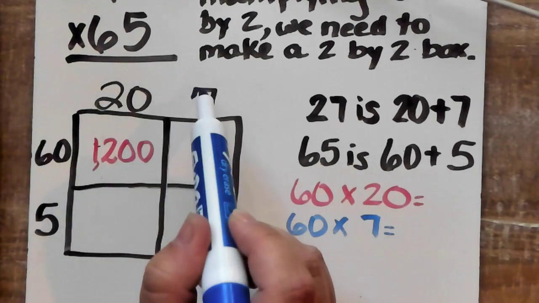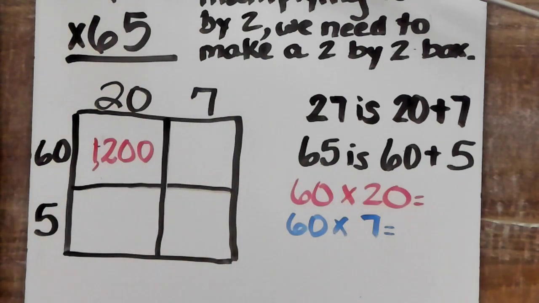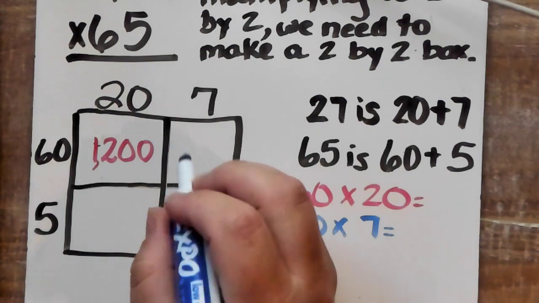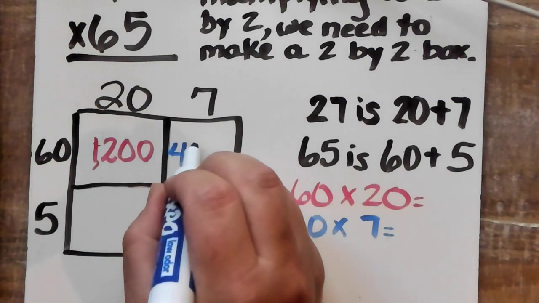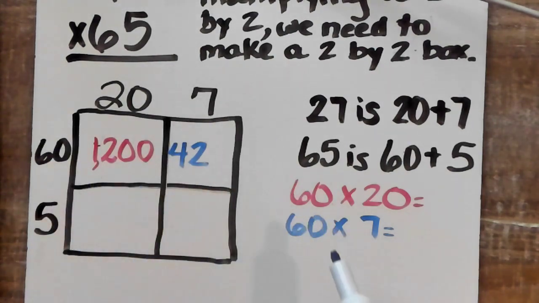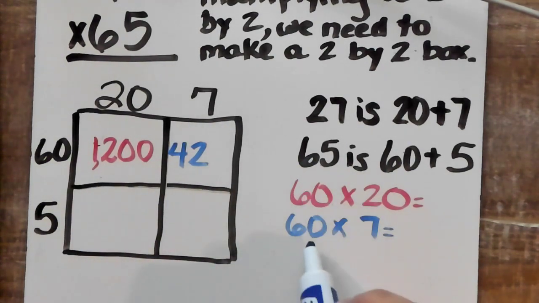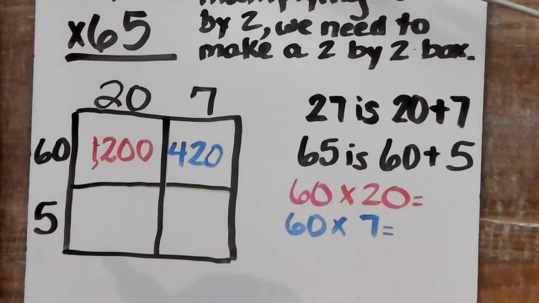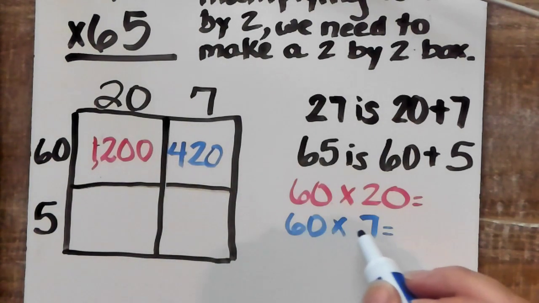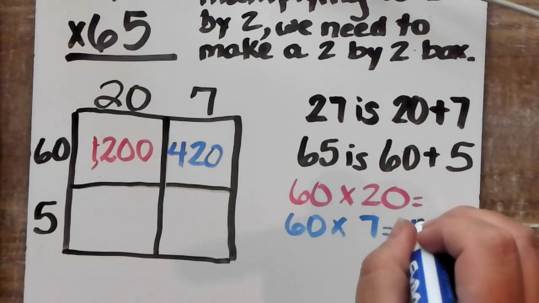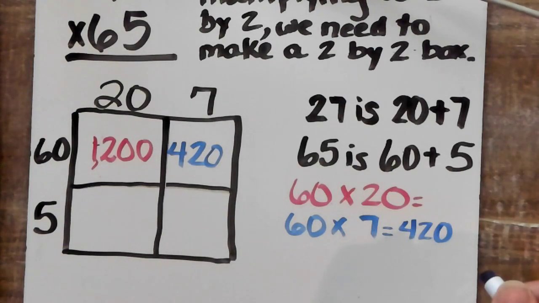Let's do 6 times 7, which is 42. And then we will simply count our zeros in the 60 times 7. We only have 1 zero, so we'll add it at the end of 42. So the answer of 60 times 7 is 420.